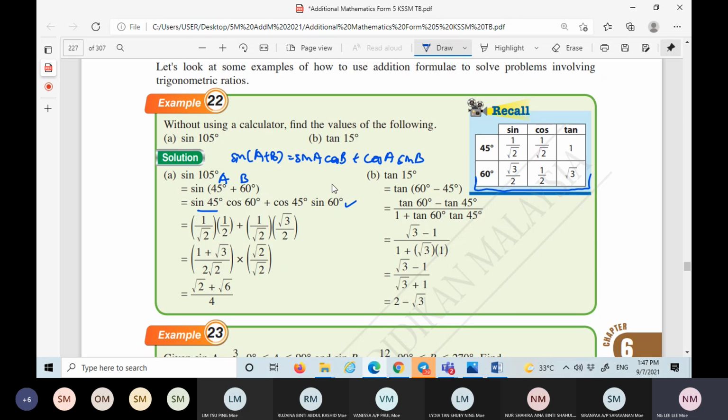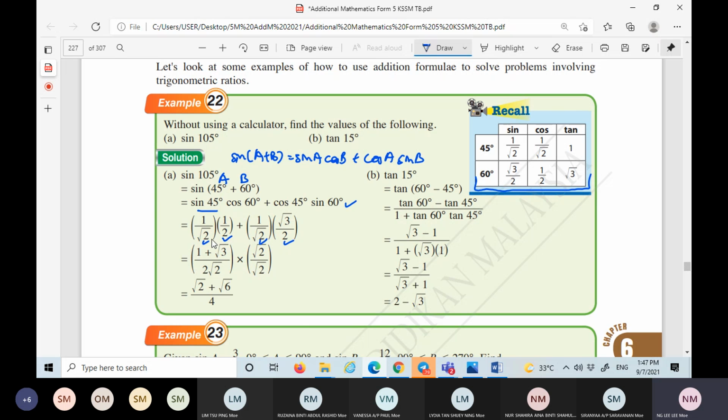Sine 45 is 1 over square root 2. Cos 60 is 1 over 2. Cos 45 is 1 over square root 2. Sine 60 is square root 3 over 2. Then try to simplify it.